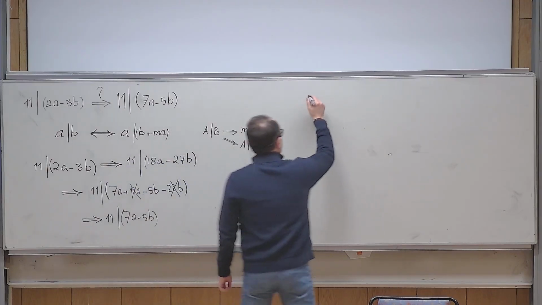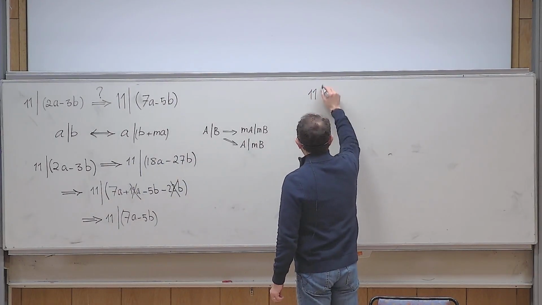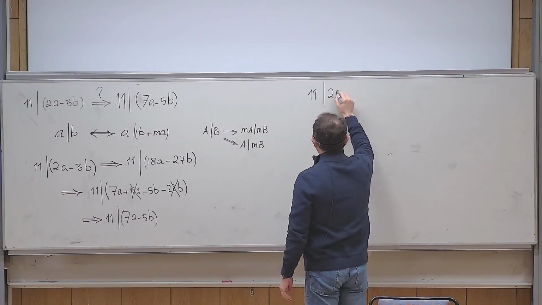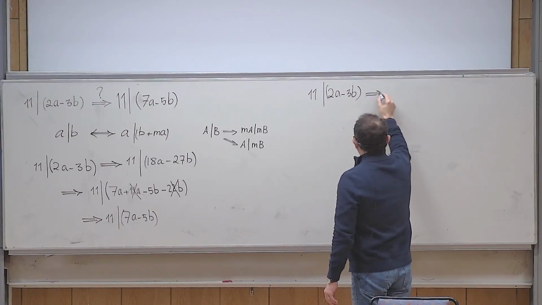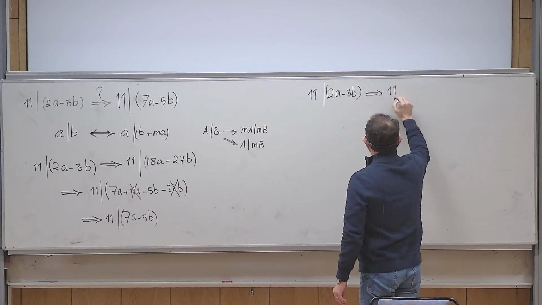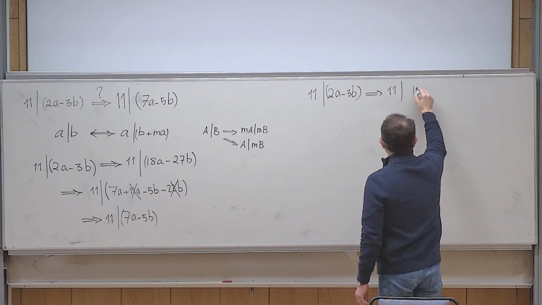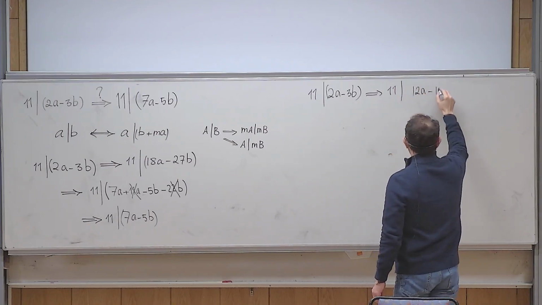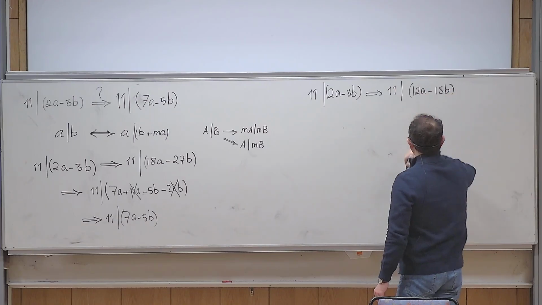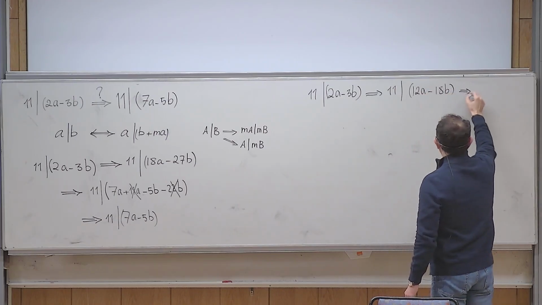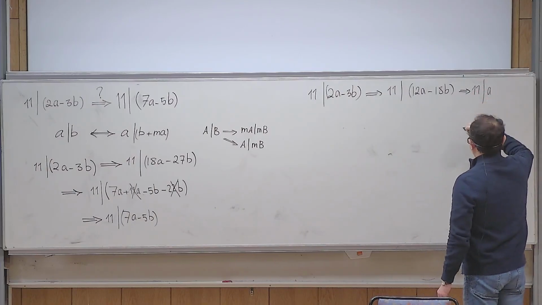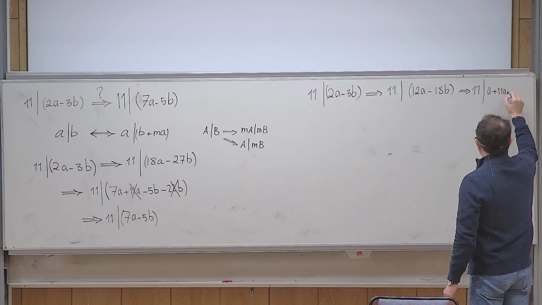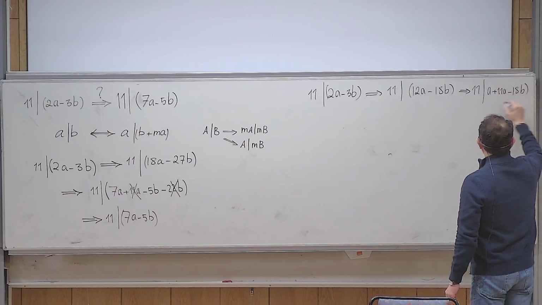So what I do, I would say that 11, according to the assumption, divides this. I multiply the right-hand side by 6, so this becomes 12a, and then that one becomes minus 18b. Okay, but again, according to that idea that we learned, instead of 12a, I can write 1a plus 11a, and then minus 18b, for example.